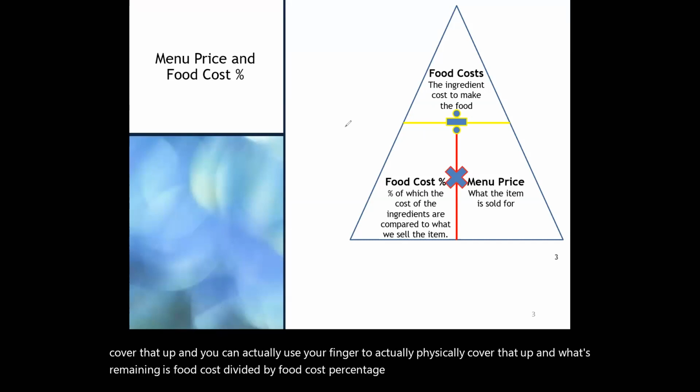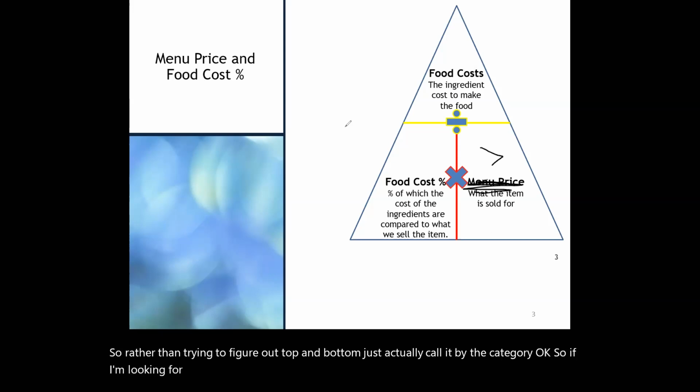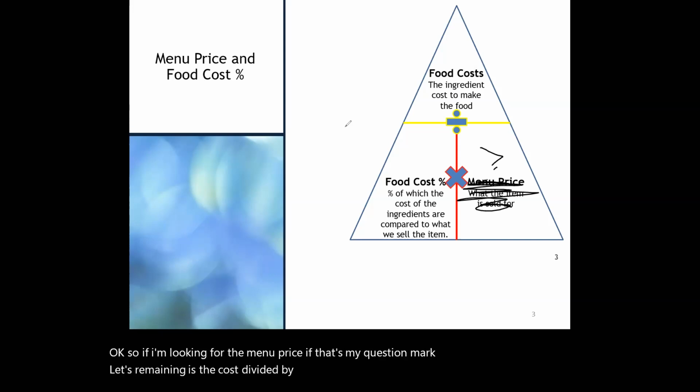So rather than trying to figure out top and bottom, just actually call it by the category. So if I'm looking for the menu price, if that's my question mark, then what's remaining is the cost divided by the percentage. Got it.